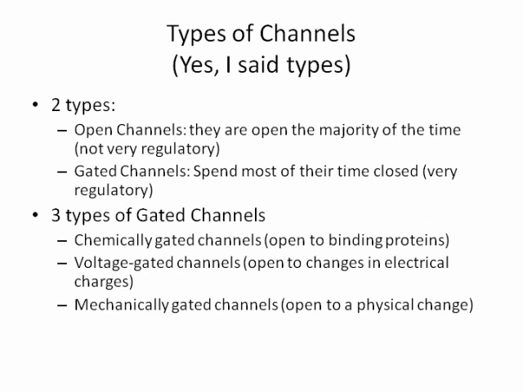And sometimes people question that and they say, well, if channels aren't as regulatory, what's up with these gated channels? And that's what's up with them. Yes, they're regulatory, but when they're open, the floodgates are open and everything's moving through. Now, there are three types of gated channels. These channels can be controlled by a chemical trigger, right?